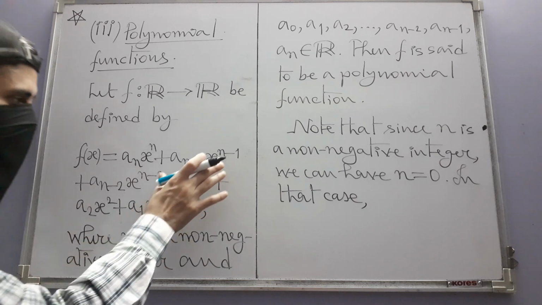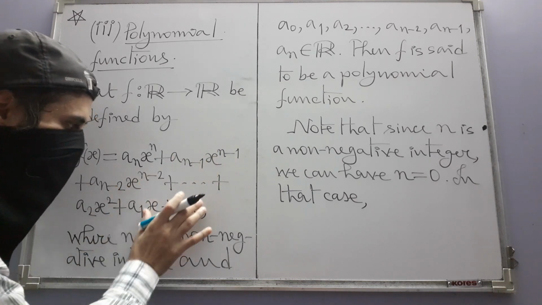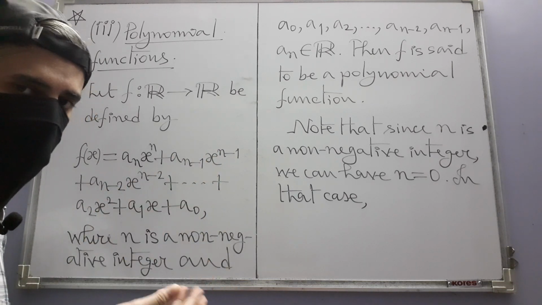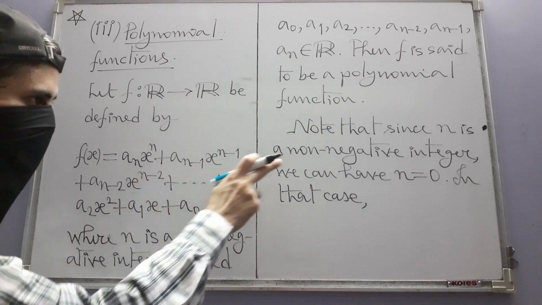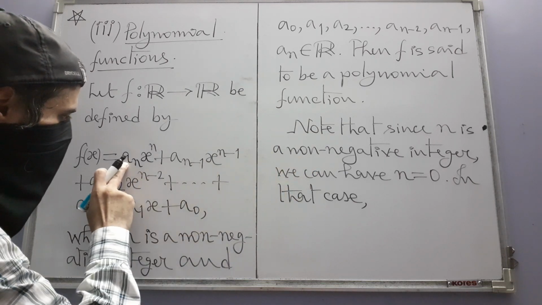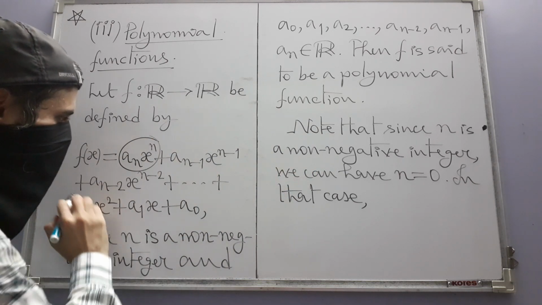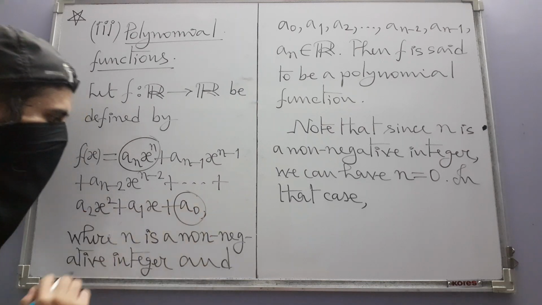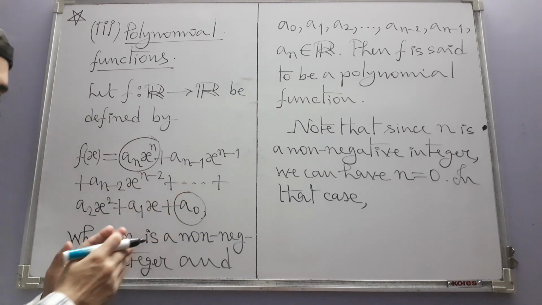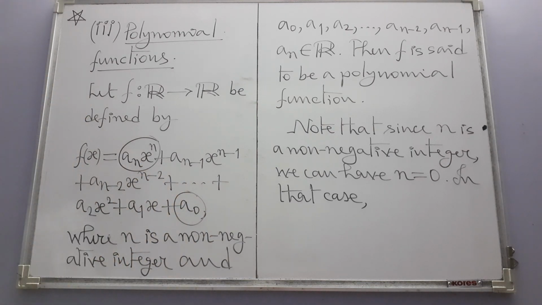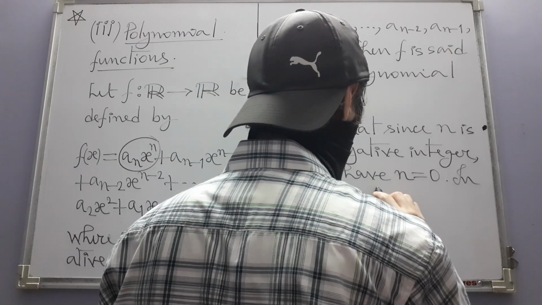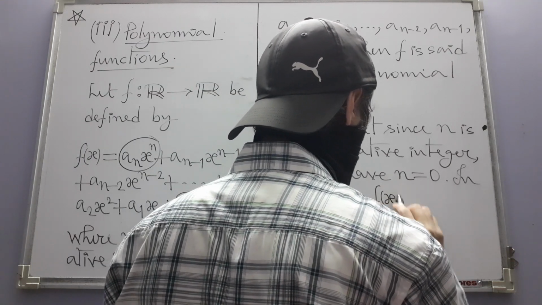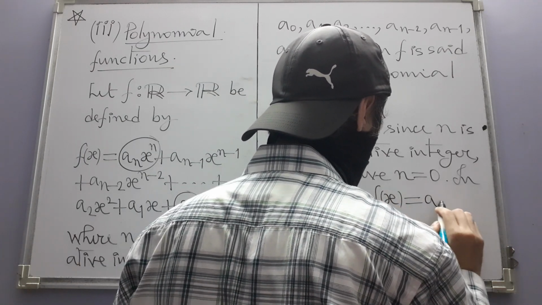But if there is no reason for these intermediate terms to exist, they are not there. For example, when n is 0, this first term actually becomes nothing but this itself. So the other terms are not there. So in this case, f of x is nothing but a0.